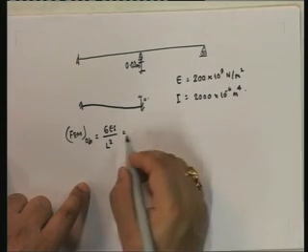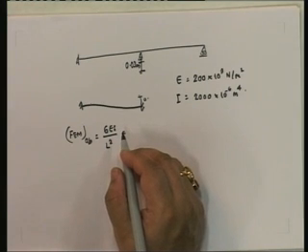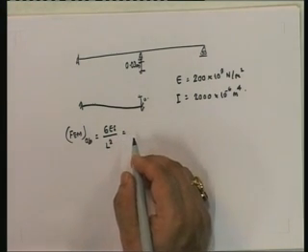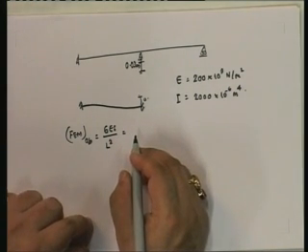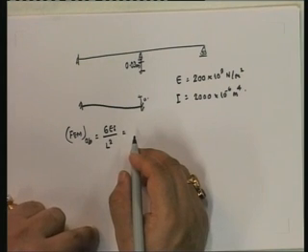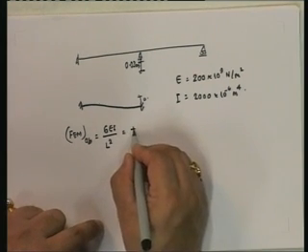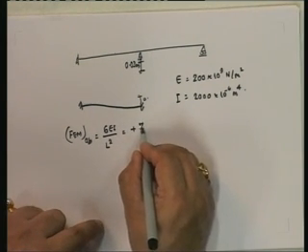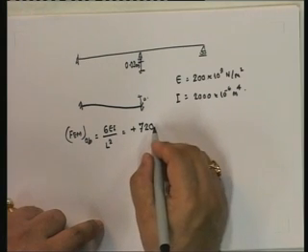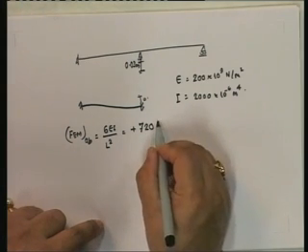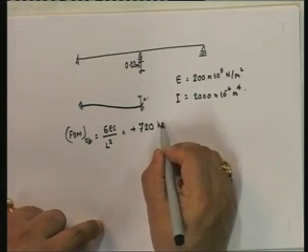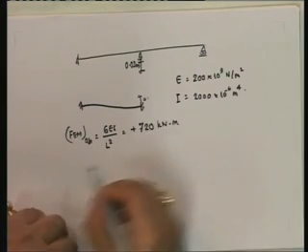Substituting these in, we got that the fixed end moment here was plus 720 kilonewton meter.